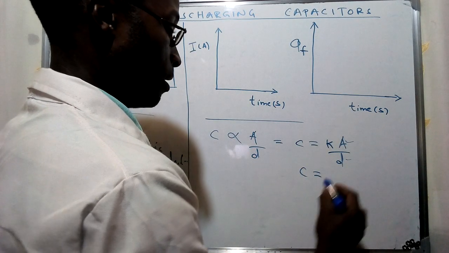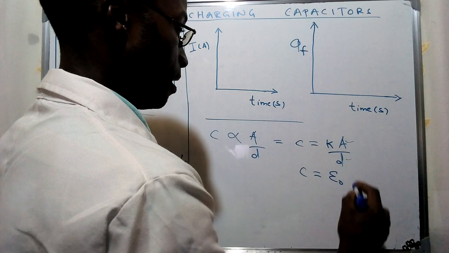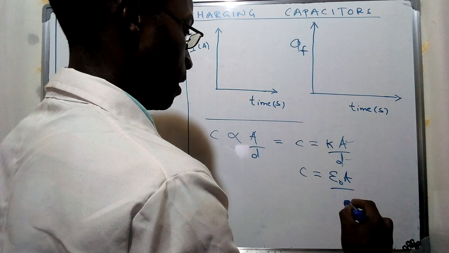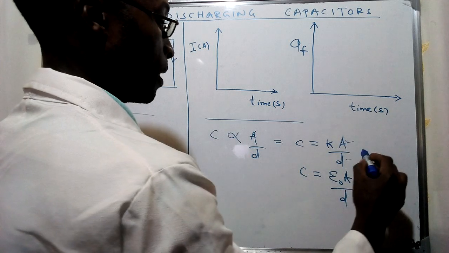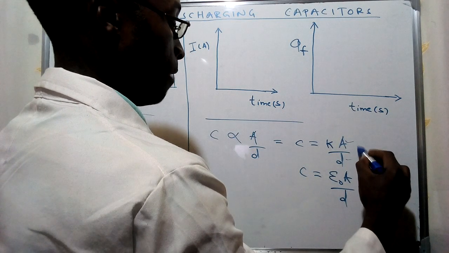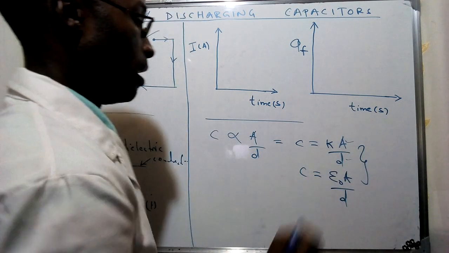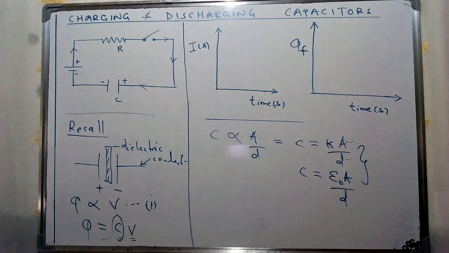Now, our equation culminated into this specific equation which we gave in terms of epsilon naught A over D, and this, of course, was similar, whereby we said that this specific aspect of epsilon naught basically referred to as the concept of permittivity.